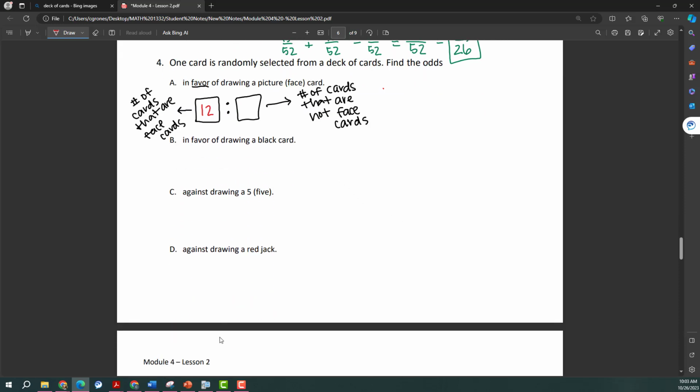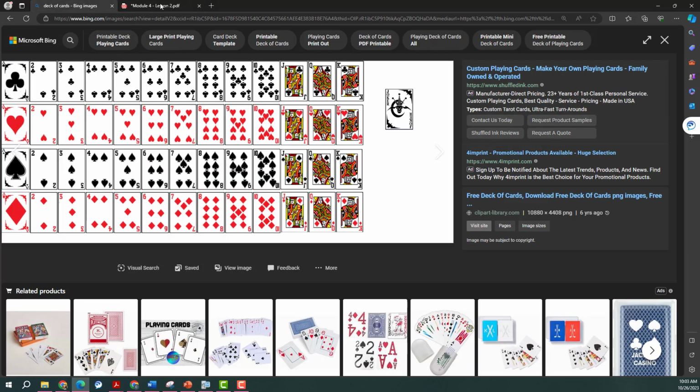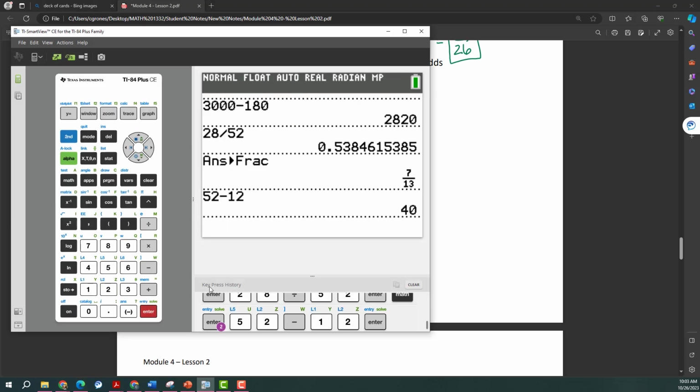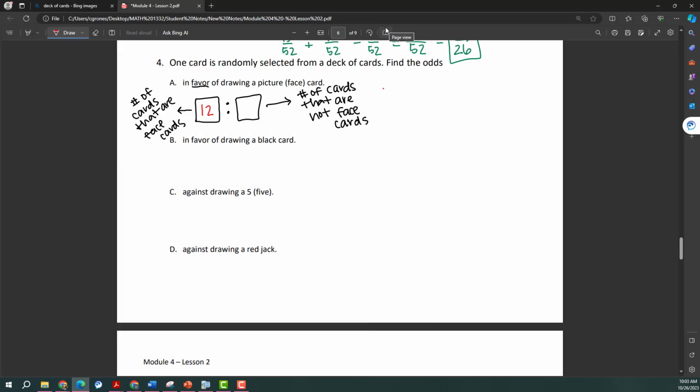Whenever we find probabilities, we find like 12 out of those 52. In this case, we're going to count the other cards that are not face cards. So 52 minus 12, we have 40 cards that are not face cards. So 12 to 40, but we have to reduce.